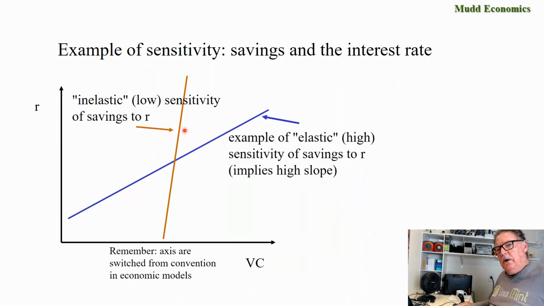I'll just put here as a comment that if you run some simulations and make the sensitivity very inelastic, as is shown here, then the degree of crowding out becomes much more pronounced than it does in the model that we're using. And savings is regarded as fairly inelastic relative to interest rates in the U.S. economy right now.